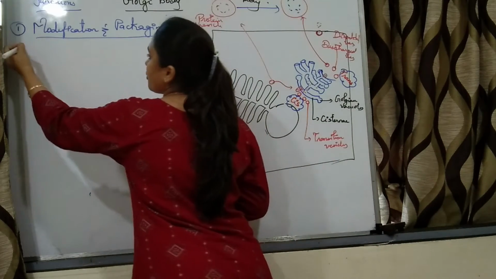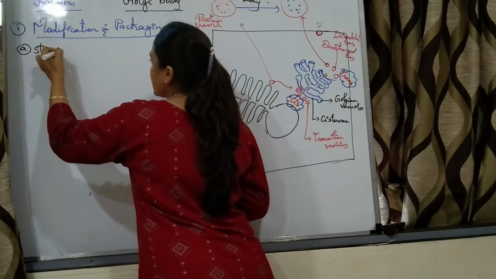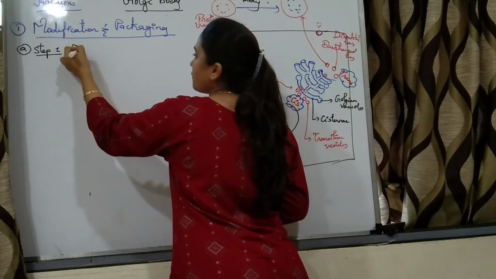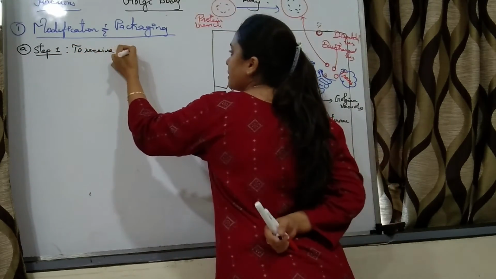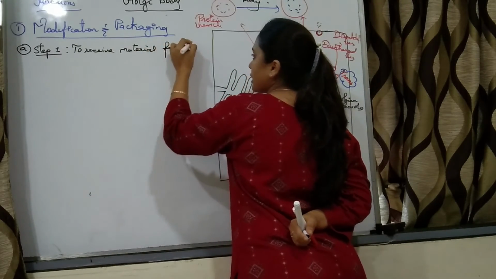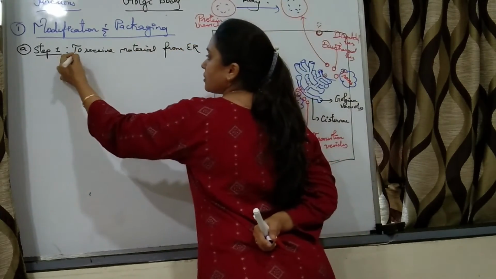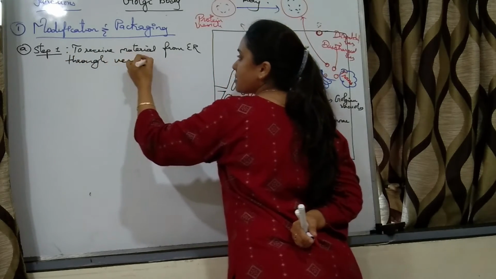It consists of 3 steps. Step 1 is to receive the material from the ER through vesicles.